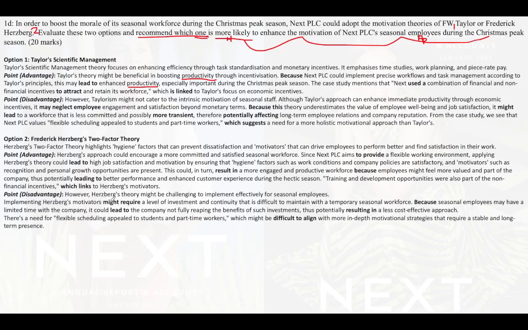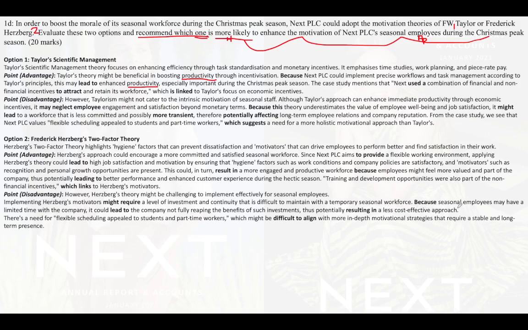Implementing Herzberg motivators might require a level of investment and continuity that is difficult to maintain in a temporary seasonal workforce. Because seasonal employees may have limited time with the company, it could lead to the company not fully reaping the benefits of such investment, thus potentially resulting in a less cost-effective approach.